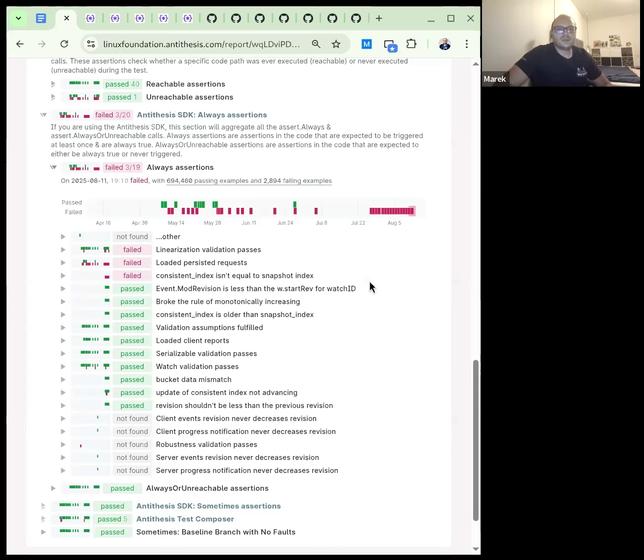So all those new things pop up. This is an example of an old assertion that existed for a long time, so it has a longer history. All the shorter history is the new addition. We test things like the consistent index being up to date, bucket naming, the consistent index advancing, all those things.